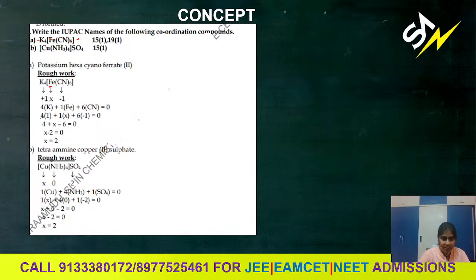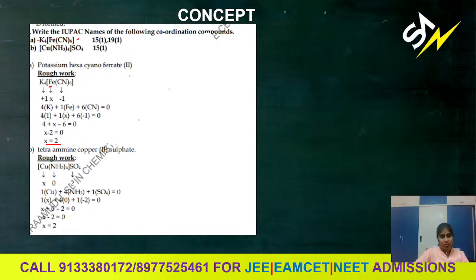Group 1 element, which has a common oxidation state of +1. Here 4 moles of K is taken, 4 into +1, and this iron, which is 1 mole, is multiplied by x, and the CN, which is a negative ligand, that is a -1 monodentate ligand, has a -1 charge. After calculating, we will get the oxidation state of Fe as +2.